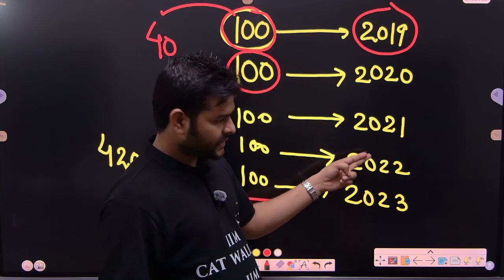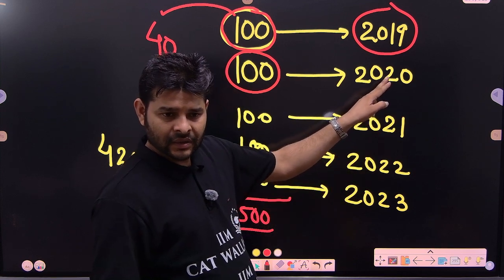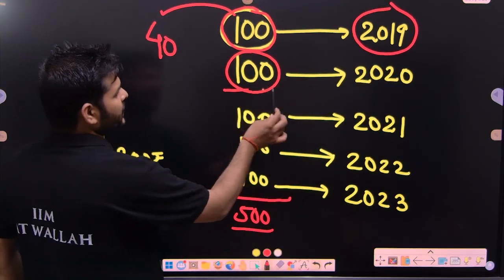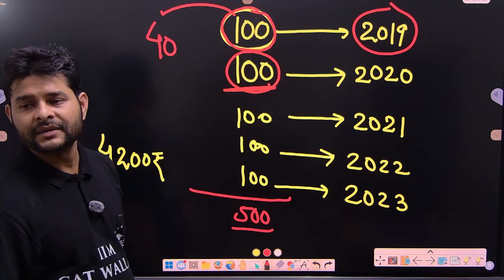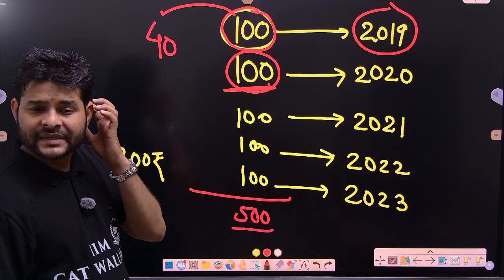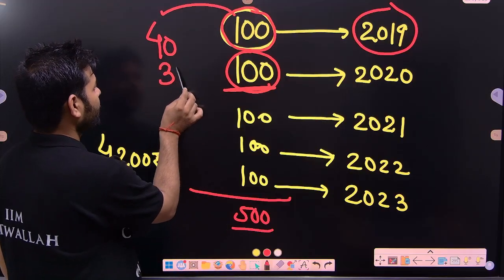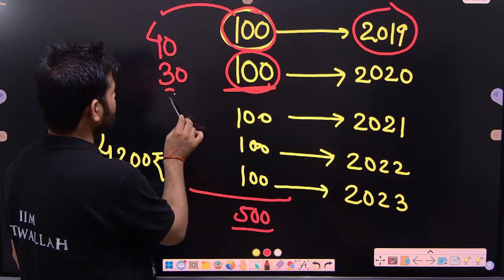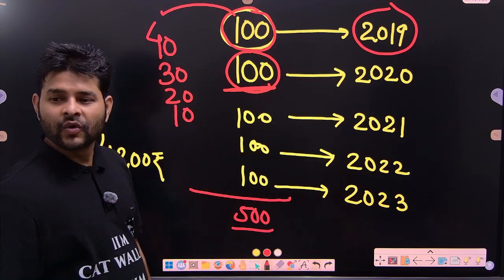The reason behind it, this is the end of 2020. So on this 100, he will get 3 years means 30. One year simple interest is 10, so 3 years would be 30. Again on that value 20. On that value, now on that value 0.